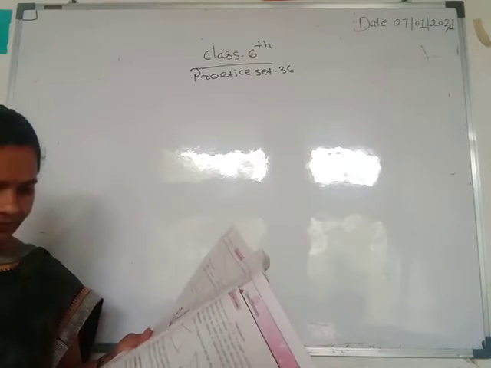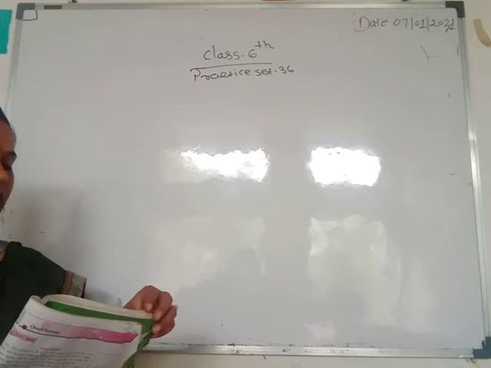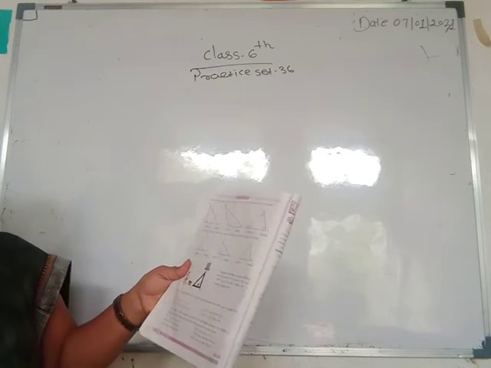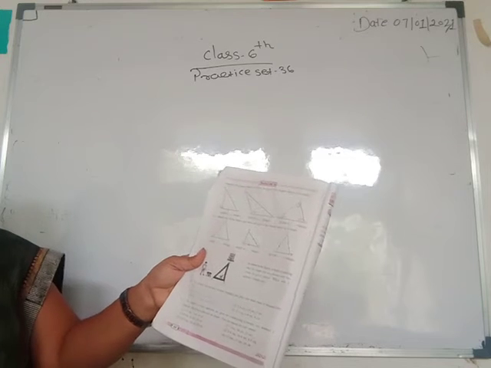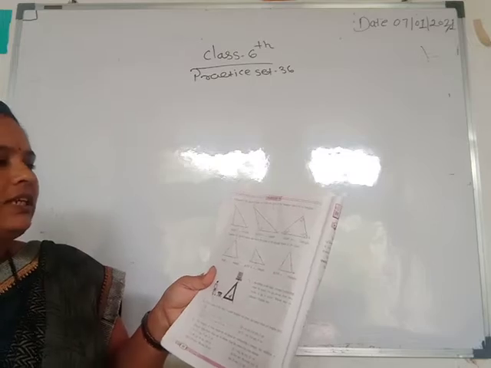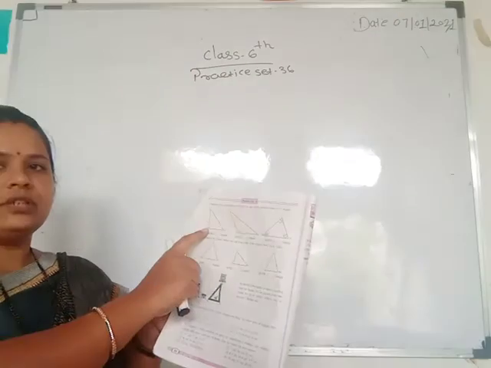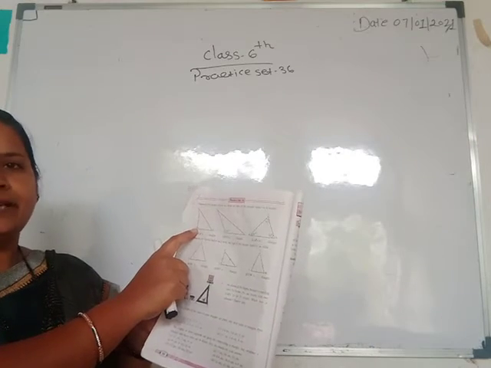In this chapter there is only one practice set. See first one: observe the figures below and write the types of triangles based on their angles. First one, in triangle PQR, one angle Q is a right angle, therefore it is a right angled triangle.